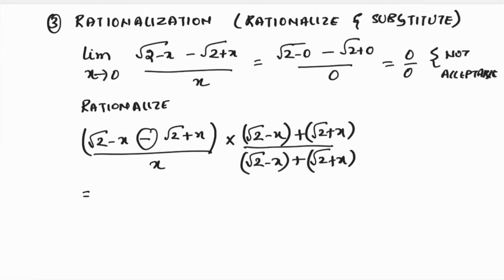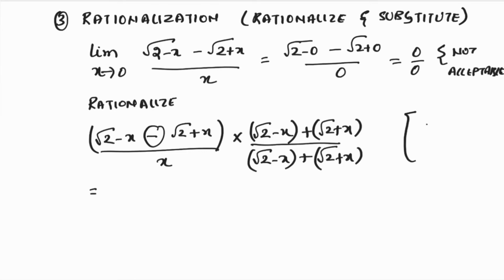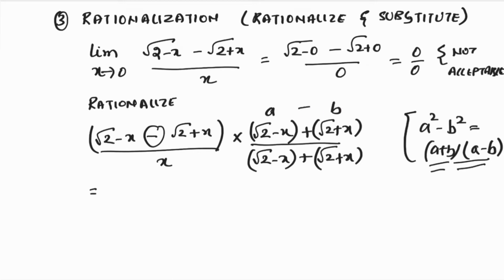This is again of the form you saw earlier, a square minus b square is equal to (a plus b) into (a minus b). So you can call this entire thing a, this entire thing b, a plus sign here and a minus sign here. So it's of the same form, a plus b, a minus b.